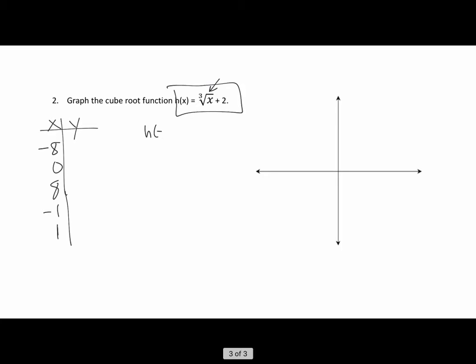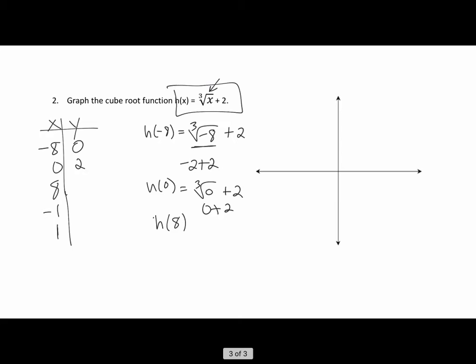So let's start with -8. If we were to put that into the function here for x, then the cubed root of -8 is -2, plus 2 is 0. So h of 0 is cubed root of 0 plus 2, so 0 plus 2 is 2. If we were to look at the positive 8, how is that going to change?